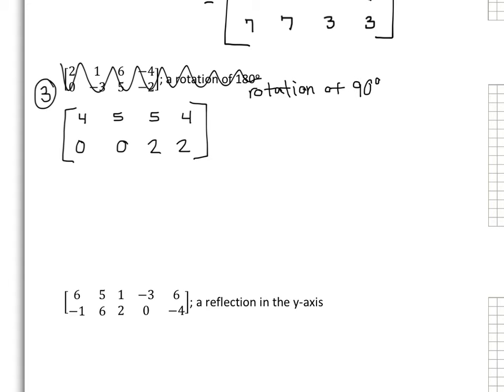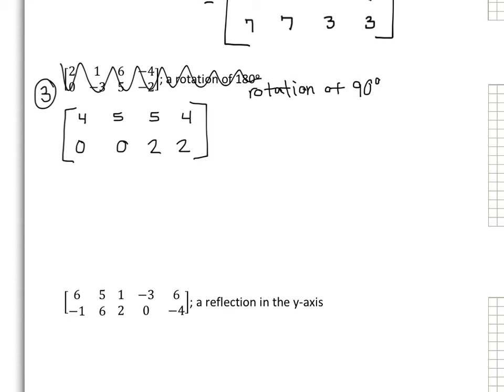Alright, so we're gonna do the third one off the homework. So instead of the rotation of 180 that's on the notes, we're doing rotation of 90 with this matrix. For rotations, what do we do? Do we add? Do we multiply? We multiply. What are we going to multiply by?